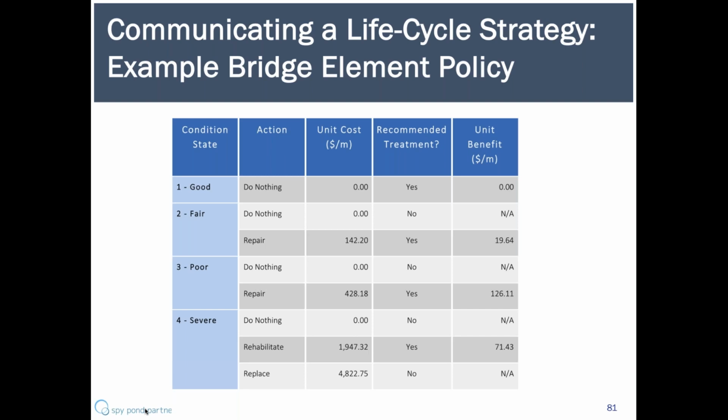So when the element is in a condition of 1, good, there's nothing that's defined. If it's in severe condition of 4, then you can do nothing, which is not recommended, rehabilitate or replace the element. Also in the graph we have a unit cost, and we say whether or not this is the treatment that's recommended in the life cycle strategy and what the benefit of that is.